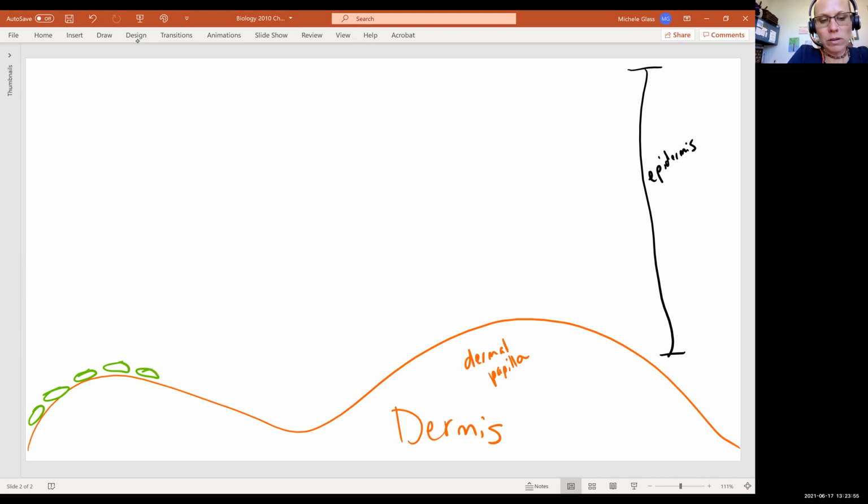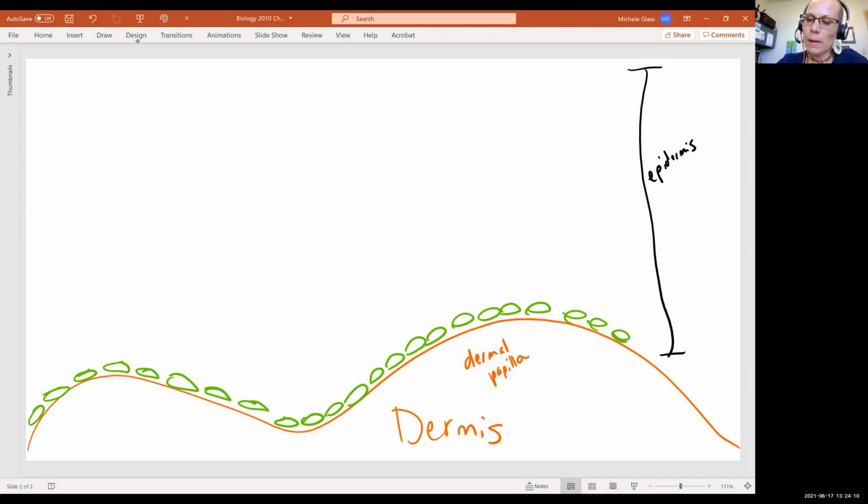And so I'm just going to fill that in with some flattened squamous shaped cells all over top of that squiggly line, just to represent the stratum basale layer. And so I'm going to go ahead right here and label, and I'm going to abbreviate stratum with an S and then basale.